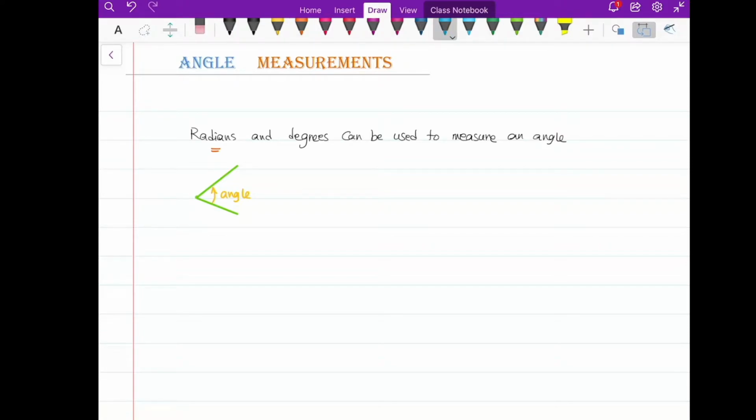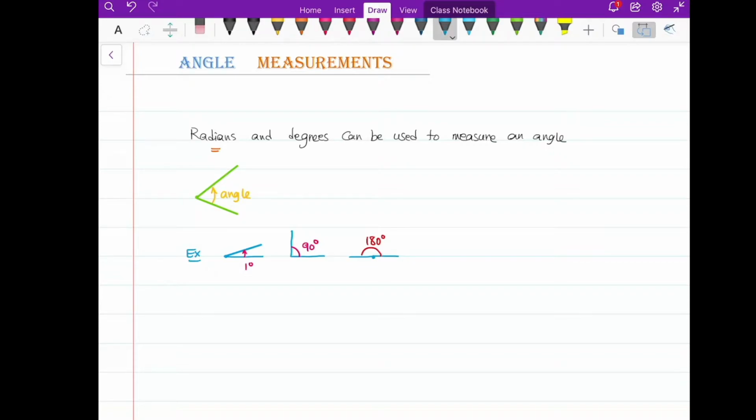So as an example, we can have an angle like this, which could be 1 degree. We can have an angle like this of 90 degrees. We can have an angle like this, which is 180 degrees.